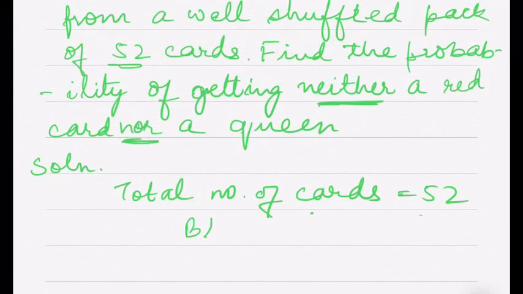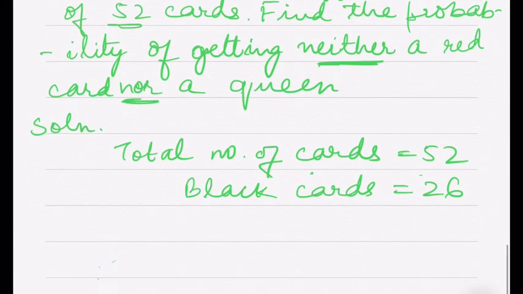Neither a red card. So that means my favorable outcomes will include my black cards, right? So how many black cards are there? There are 4 suits, 2 suits of black and 2 suits of red, right? So 13 in each suit. So I'll have black cards will be 26, half of that, right?